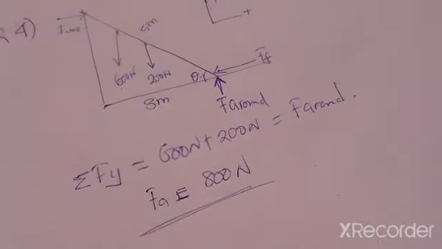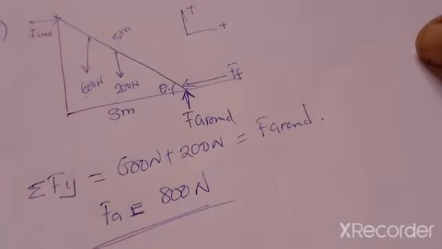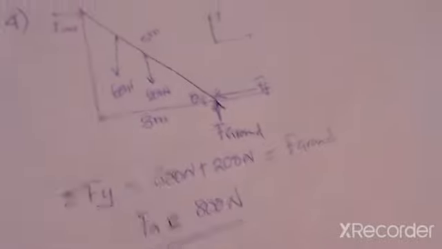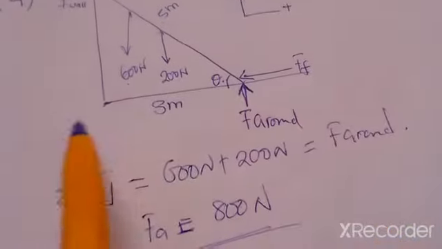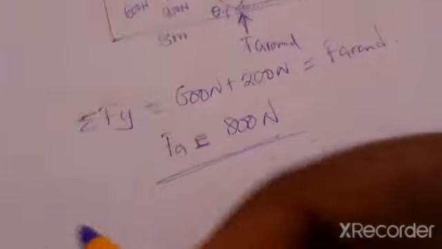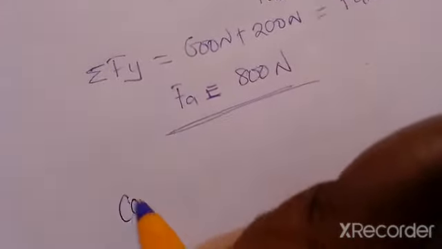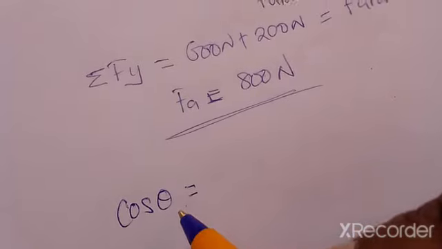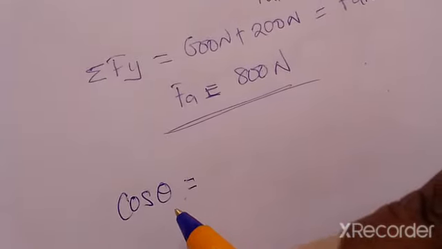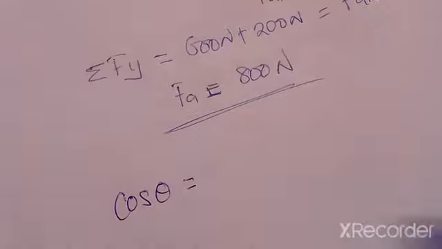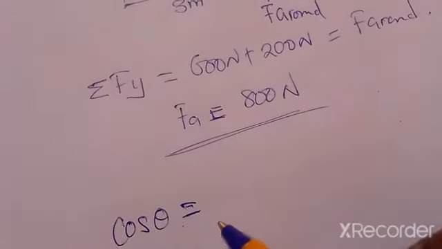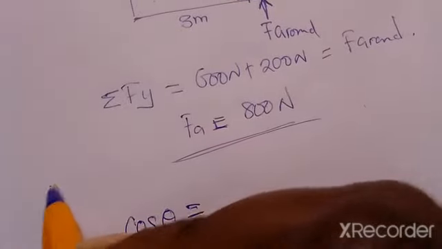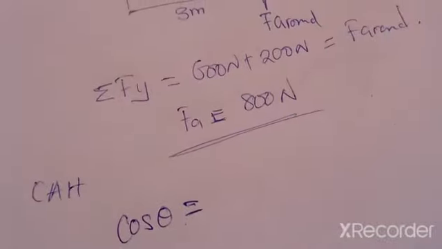Okay. Now if we go to trigonometry, we can use the cosine function to find the angle here. So cos theta is equal to, I'm looking at SOHCAHTOA, adjacent over hypotenuse.